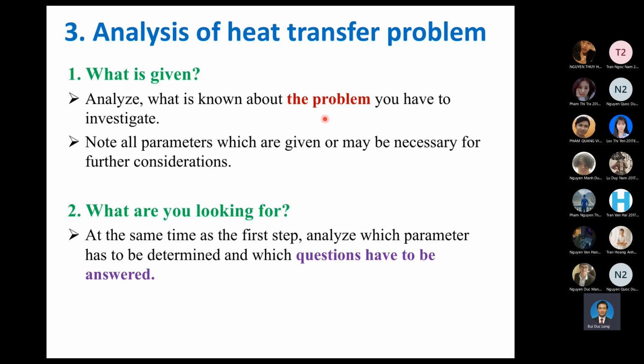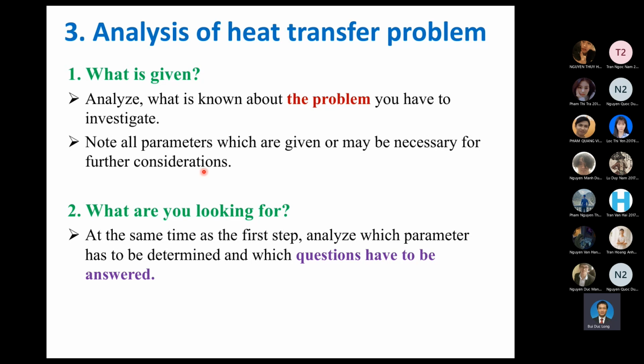Of course, we have to know the problem, right? What is the problem, before we can go further to investigation. So note all parameters which are given or may be necessary for further consideration.